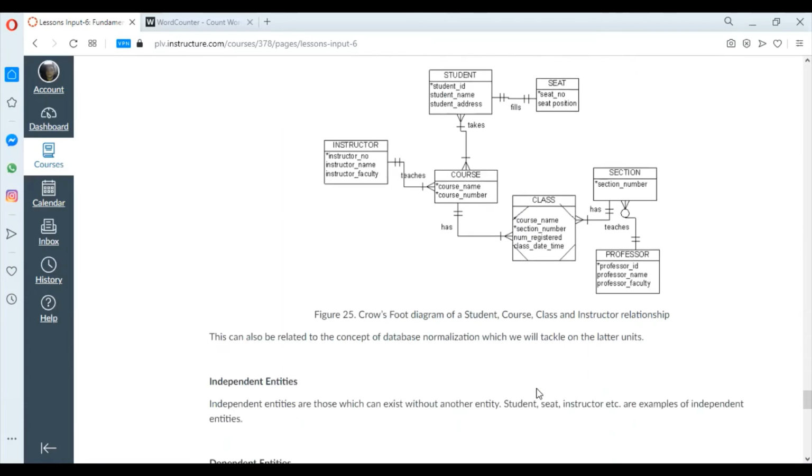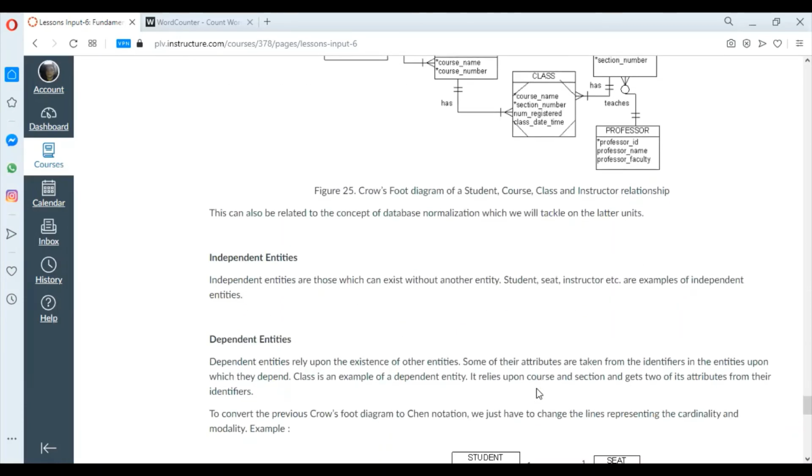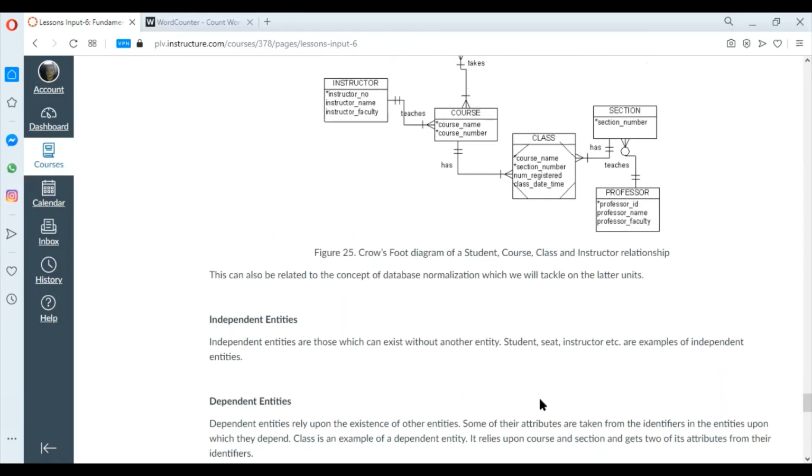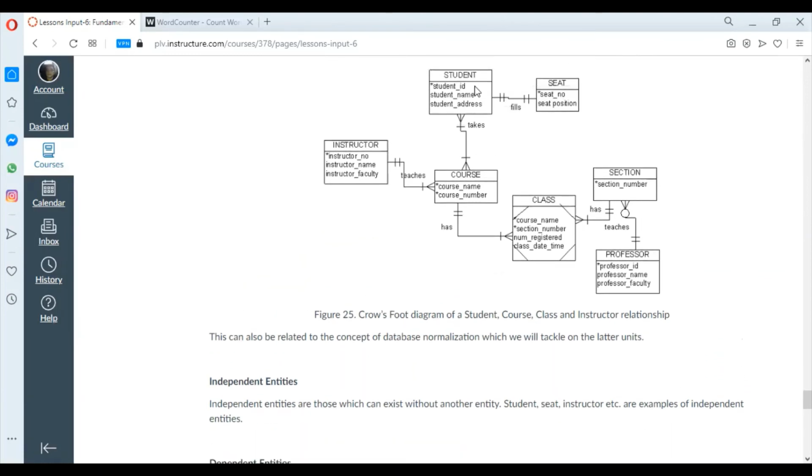Also, aside from intersection entities, we also have independent entities. Basically, independent entities are those which can exist without another entity. For example, student, seat, and instructor are examples of independent entities. They can exist without the need for other particular entities.